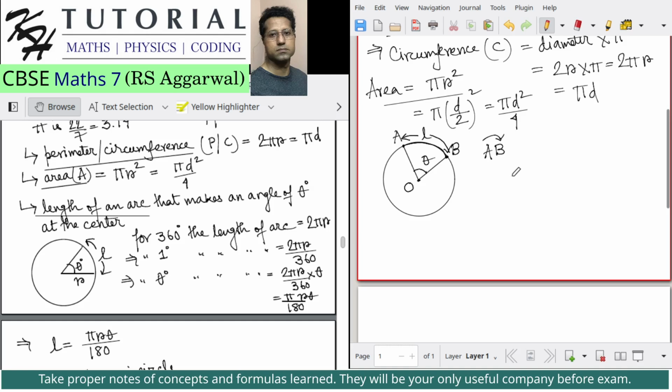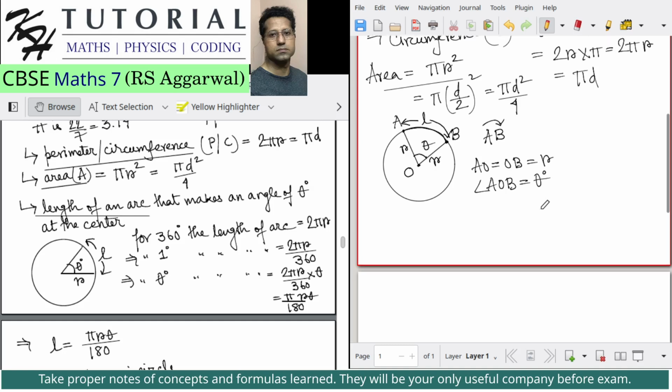Let's say the radius of this circle is R. So we have AO equal to OB, the radius of the circle, and angle AOB, the angle which the arc makes at the center of the circle, is theta degree. Then what will be the length L? How can we find L in terms of theta and R?